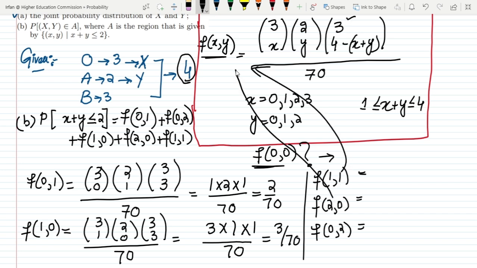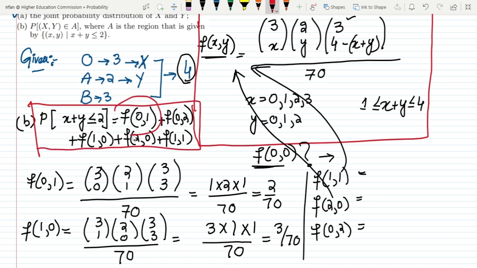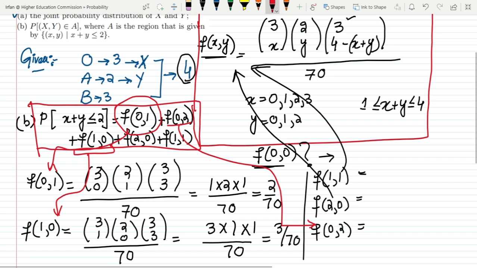Then ultimately you will use this formula for adding them all together, just like f01 is here, f02 is here, and also this one is here as well. Adding them all together, ultimately the answer of part B will be 1 by 2, and that is the solution of part B of our question.